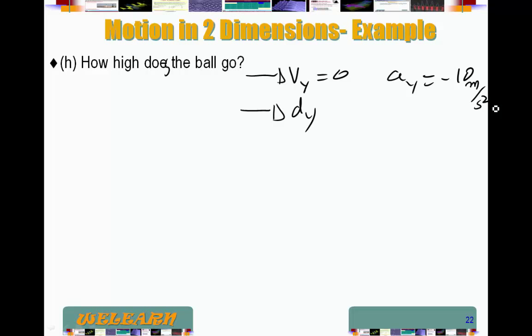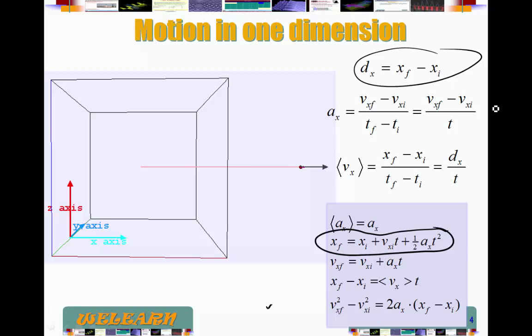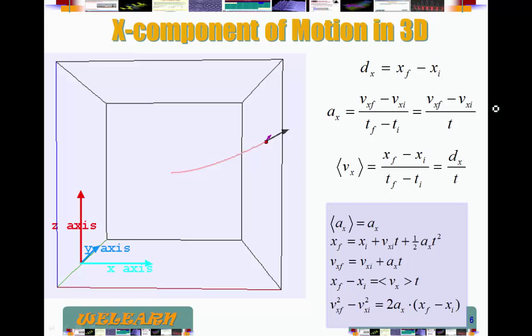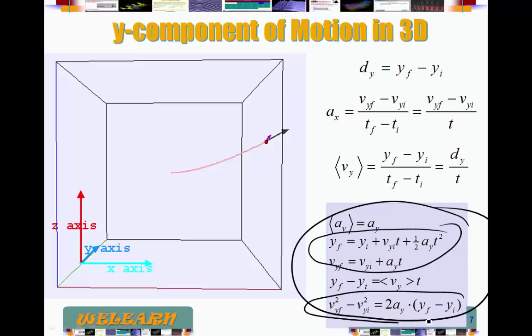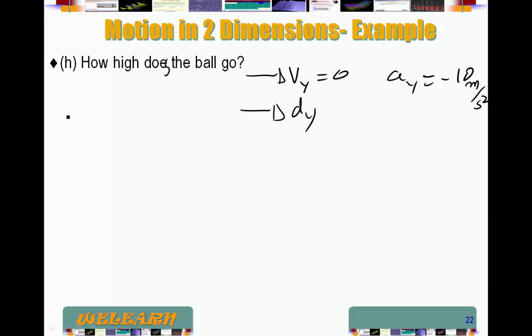So again, we'll go to the equations. Let's go to the y component of these equations. These are my equations. I'm going to write down these three. D sub y is equal to 1/2 a sub y t squared plus vi sub y t.